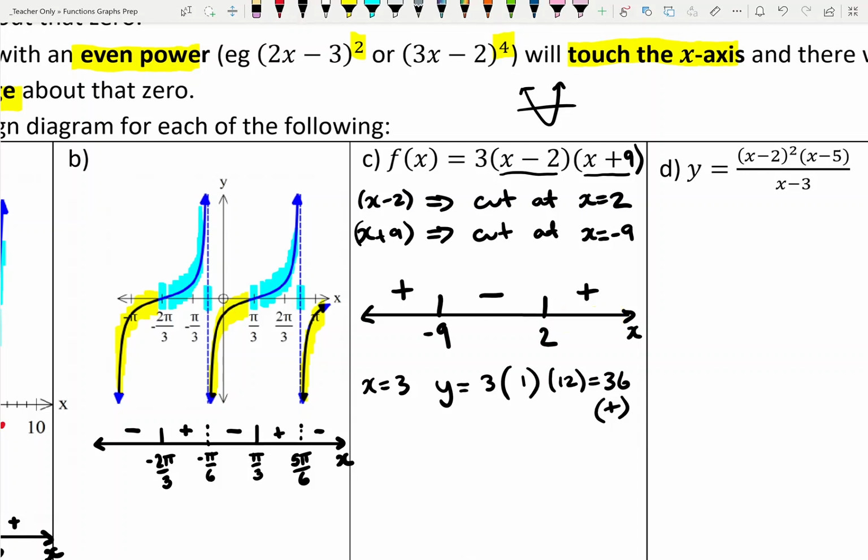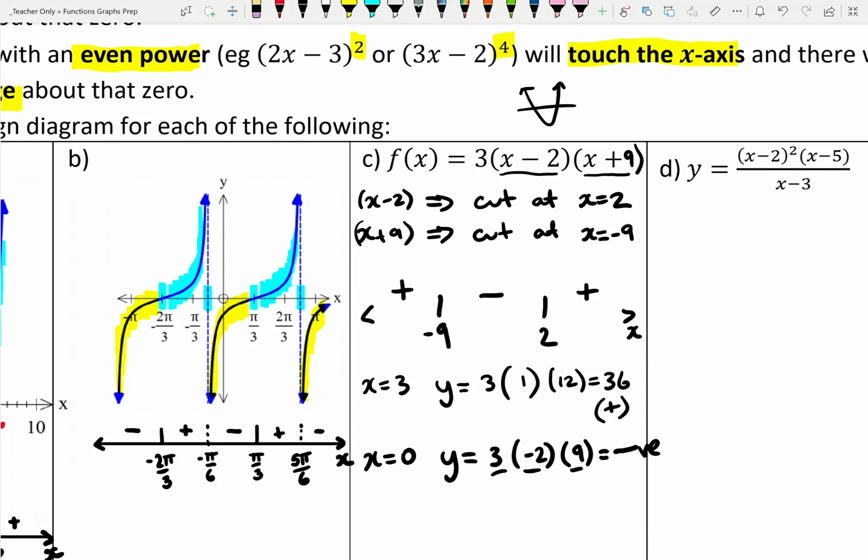In the middle region, a really easy value to work with is x equals 0, y equals 3 times 0 minus 2 is -2, and 0 plus 9 is 9, which is going to give us positive times positive times negative, a negative answer. Okay, so we can confirm that it's going to be negative in the middle there.